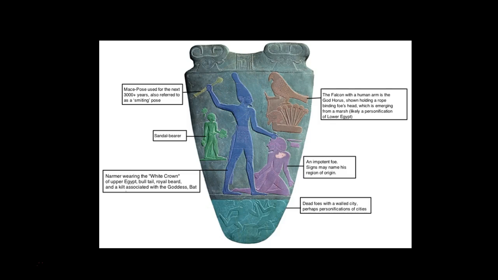Other theories suggest that rather than an actual historical representation, these scenes were purely ceremonial and just related to the concept of the unification in general. So this may be a mystical or mythological story about the unification of Upper and Lower Egypt. Another interpretation could be the sun and the king. These are Egyptian symbols.